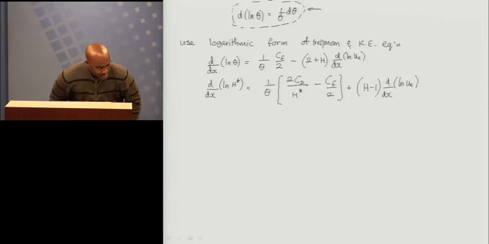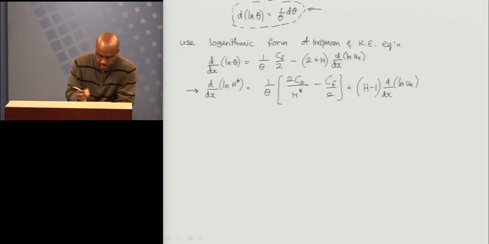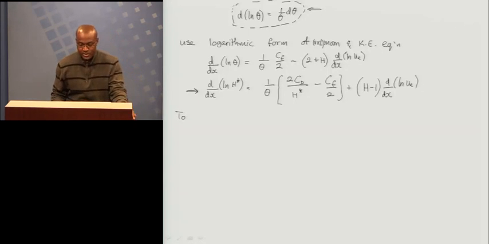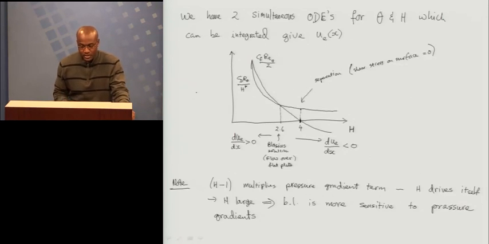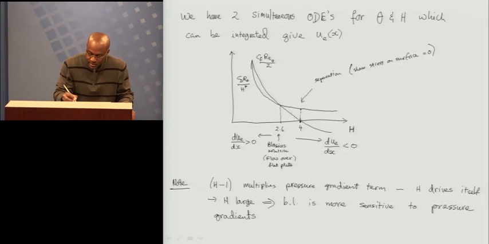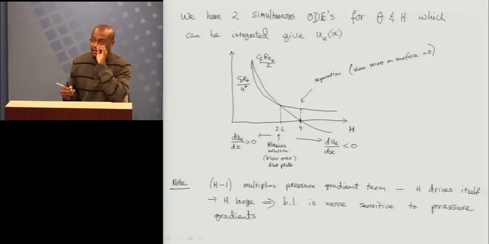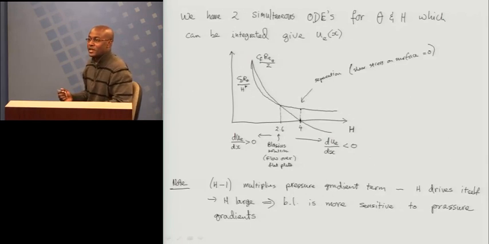Okay, so to check for separation, we're going to look at this equation. And the reason we're going to look at this equation is because at separation, I'll go back for a quick second. When we had separation, we knew what the H value would look like, where this thing separates. So that H value has to be 4.